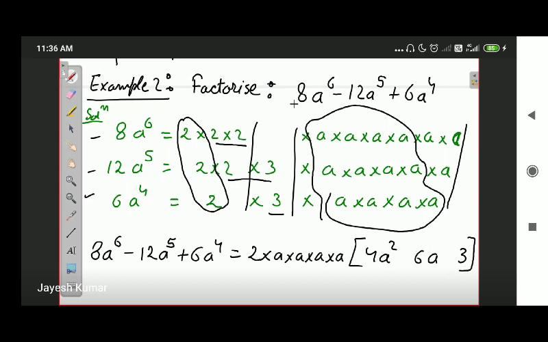So first term is positive, second term is negative, third term is positive. So your final answer is 2a to the power 4 into 4a square minus 6a plus 3. Okay. So I hope it is understandable to you now. You can also see how it is done in your examples to understand it better.